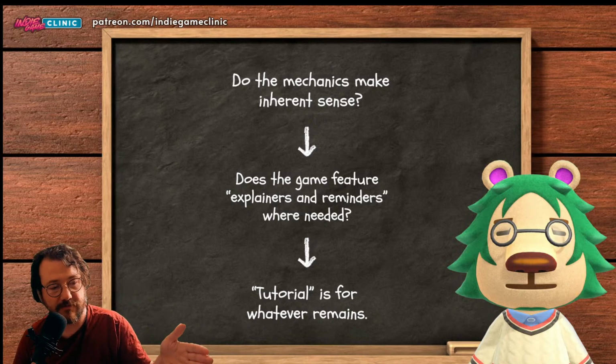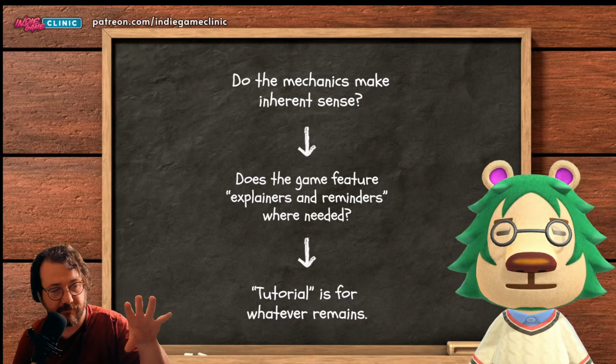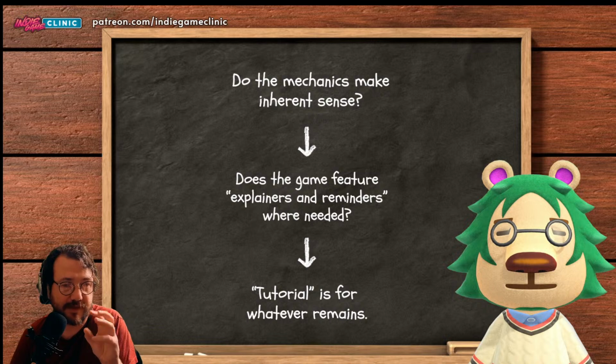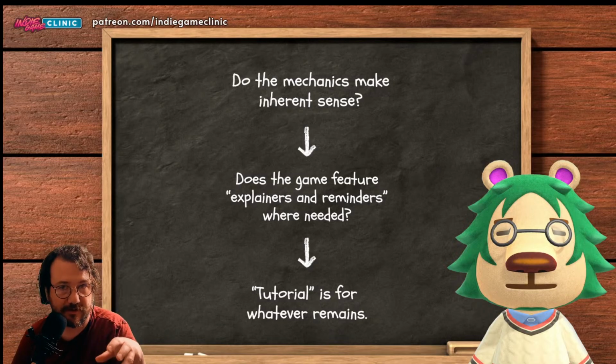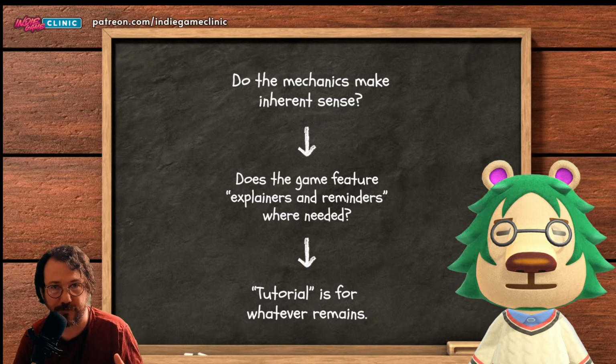It needs some sound effect when you kick off the wall. It needs a little puff of smoke when you kick off the wall. The camera needs to tilt. All of those things make the mechanics intuitive and self-explanatory. And the more that you build that into the core design of the game, the less you need a pop-up box that comes up and says, hey, you just did a wall jump, right? So it's the show-don't-tell thing, but applied to an interactive context where you want people to do the thing.